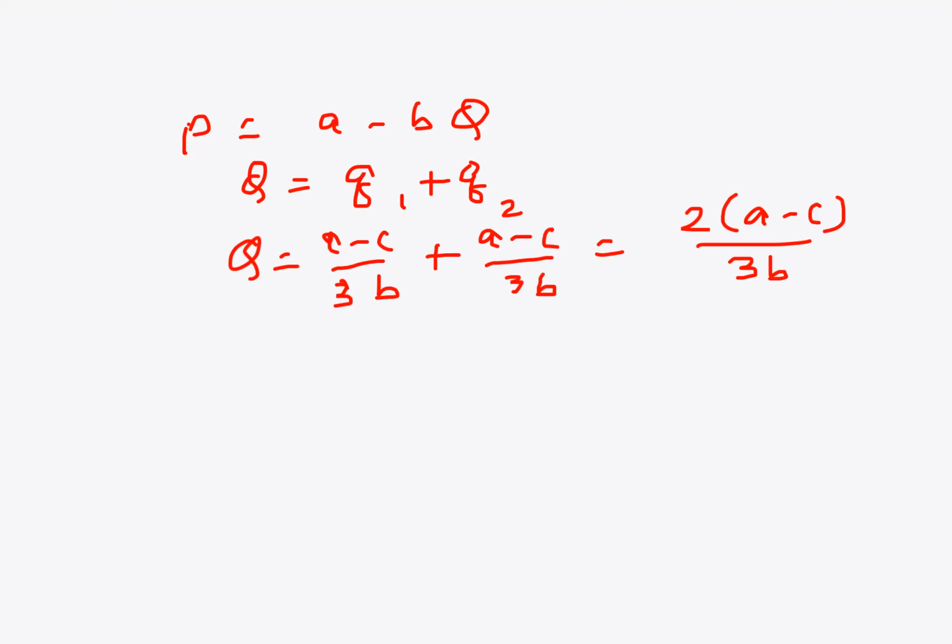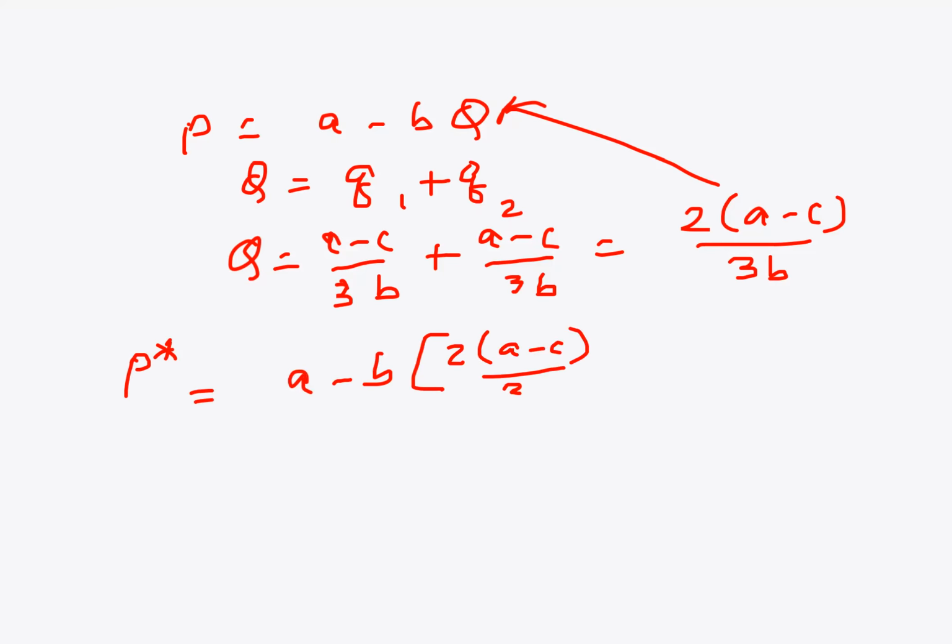So now we plug this in over here, and that will give us the equilibrium price, the Nash equilibrium price. So A minus B times Q, which is 2 times (A − C) over 3B. So what do we get here?